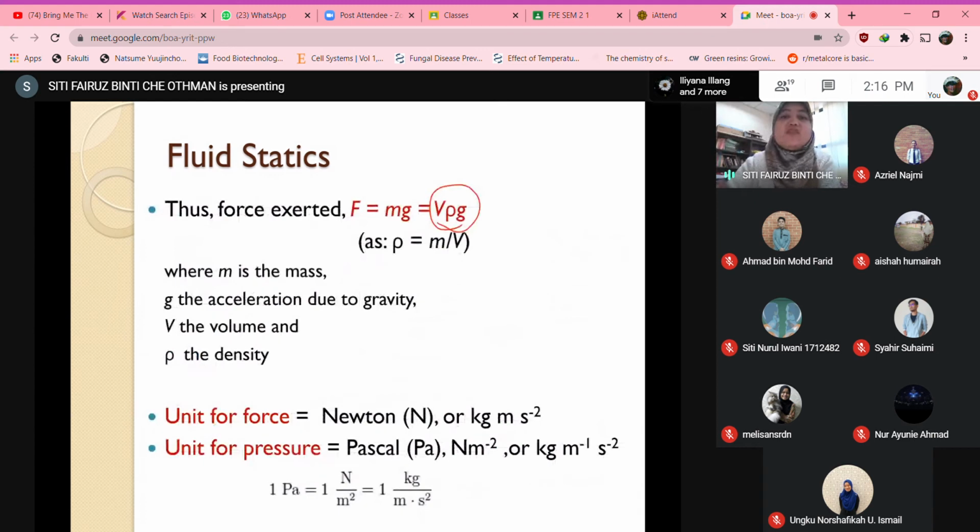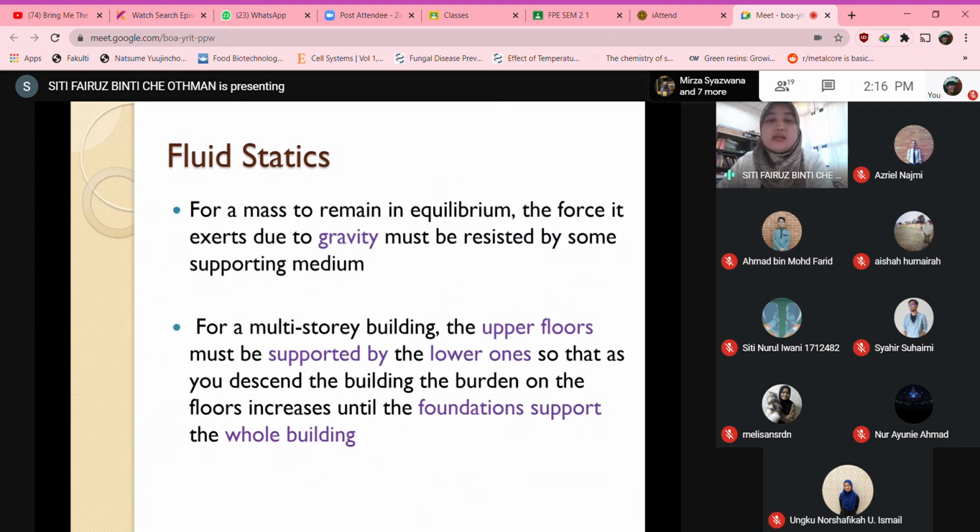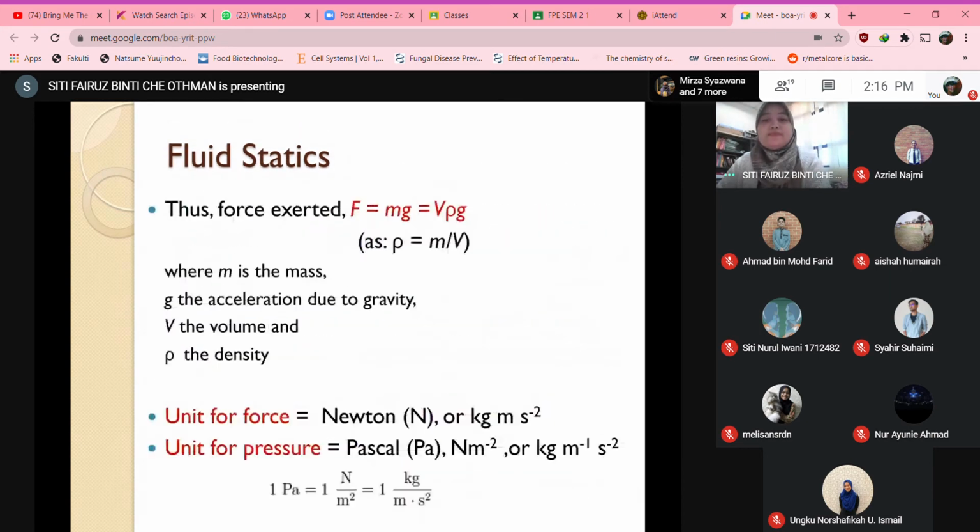So force exerted F equals mg. Instead of looking at this, we'll look at example problems. It's actually ρVg for force. Later you will need to calculate. It's okay, I'll explain. It is very difficult to explain maths.